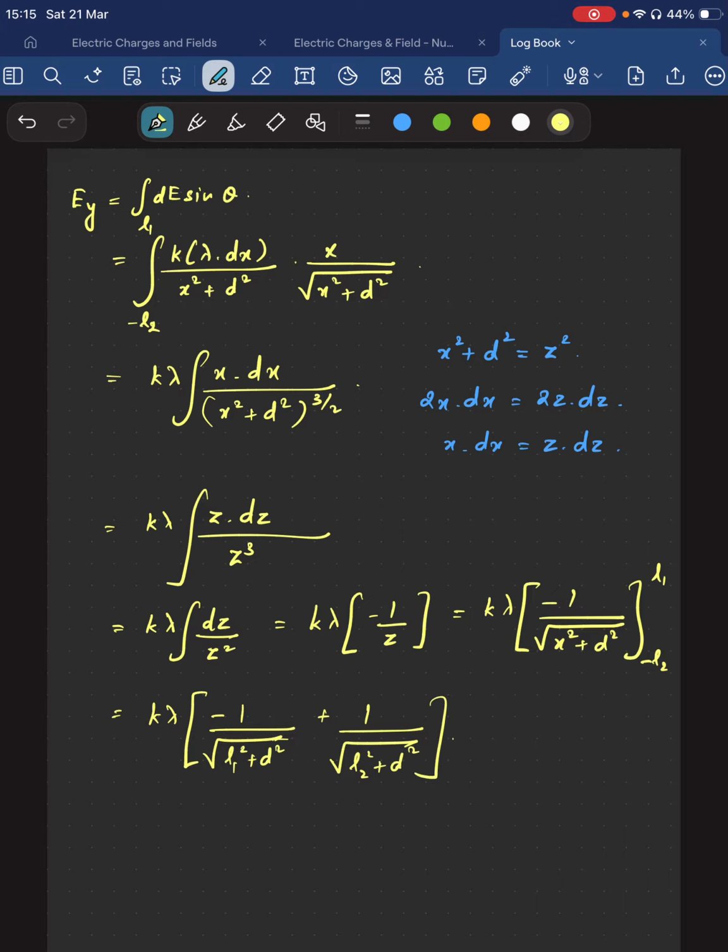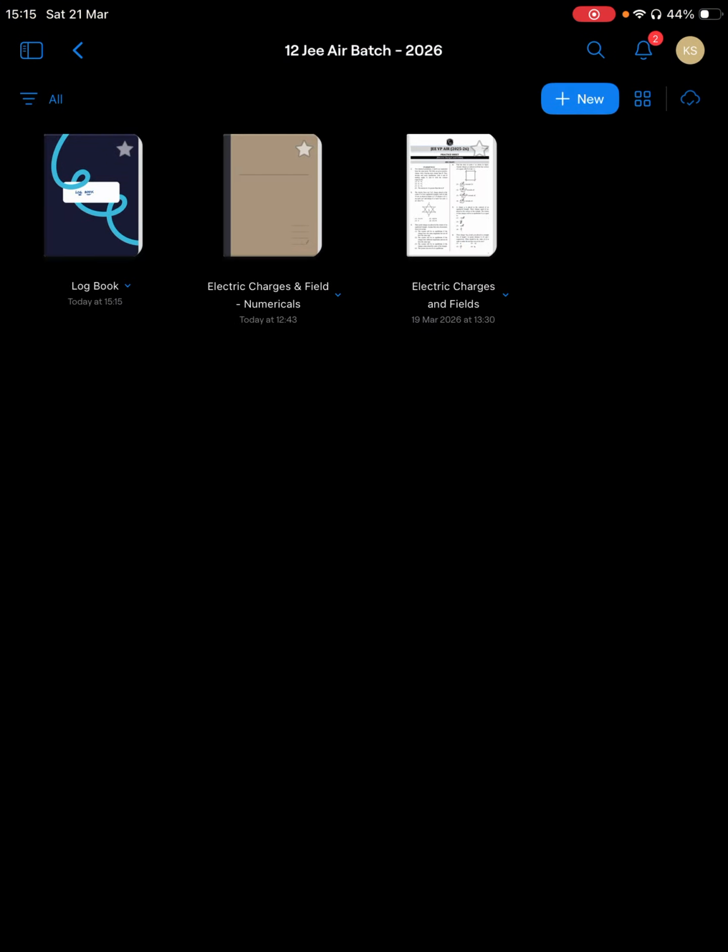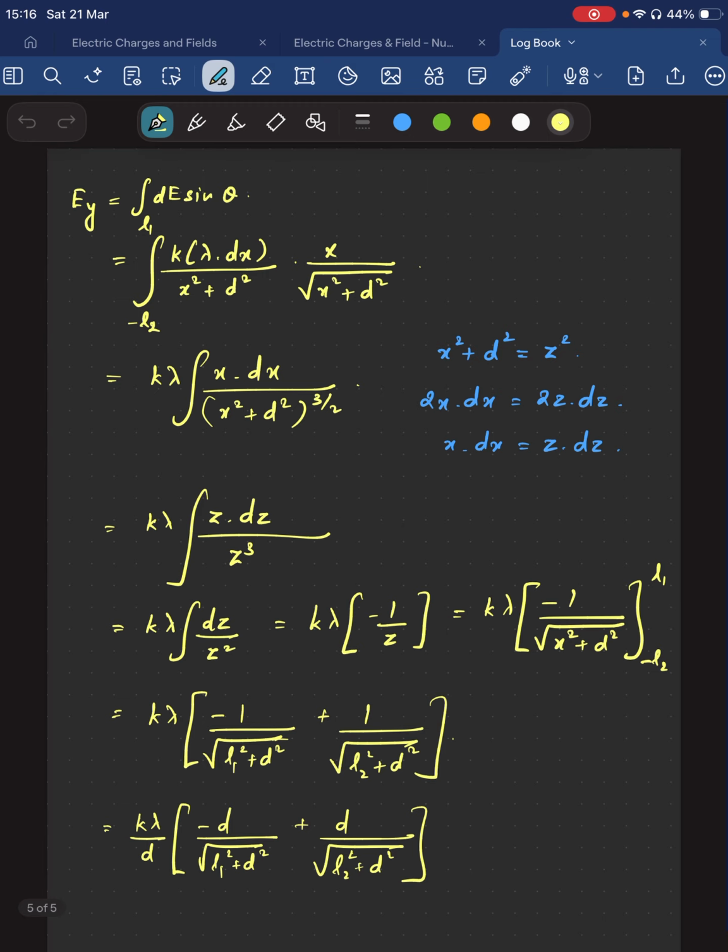And again, we'll try to write this in terms of alpha and beta. So we'll do a simple simplification over here. We'll multiply and divide by d. So I'll get k lambda by d of minus d by under root of L1 square plus d square plus d by under root of L2 square plus d square. Okay, and now if you remember the right angle triangles which we had, let me draw a rough version of the diagram.